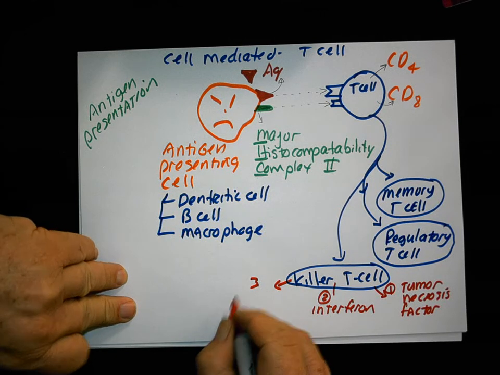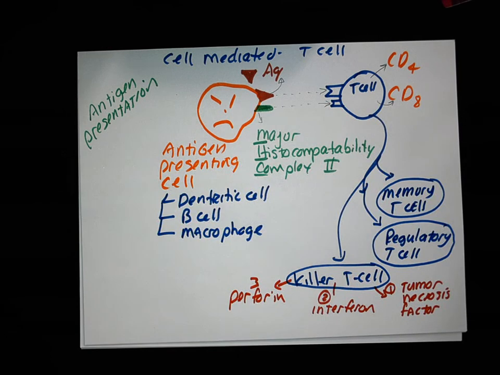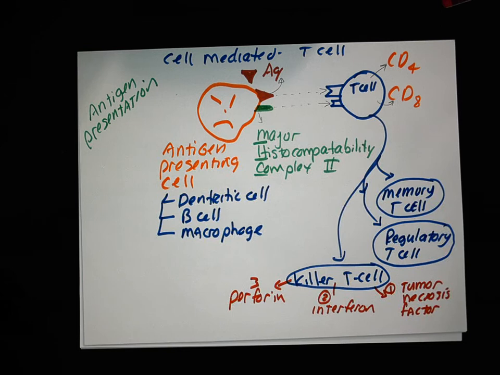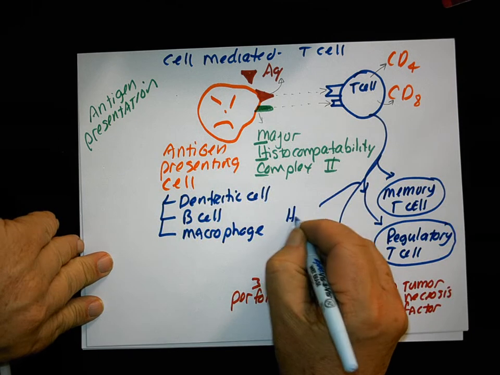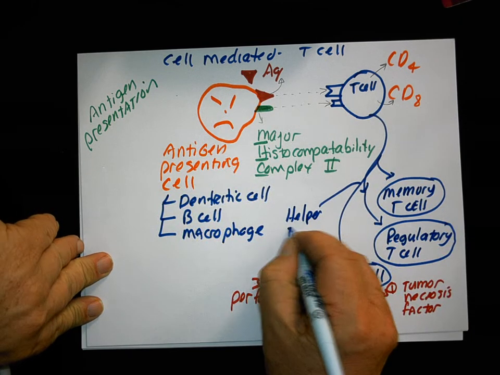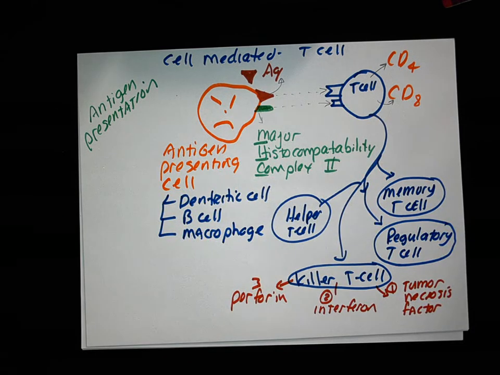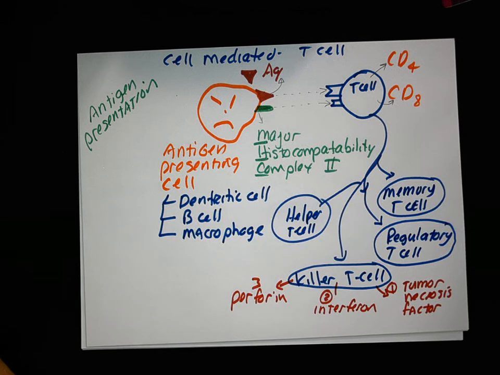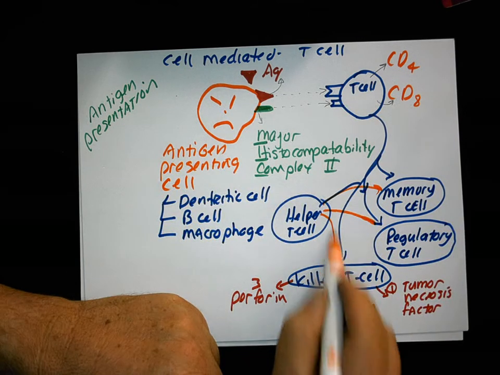Third is perforin again. And then you've got the helper T cells. The helper T cells help with memory cells, regulatory cells, help killer T cells.